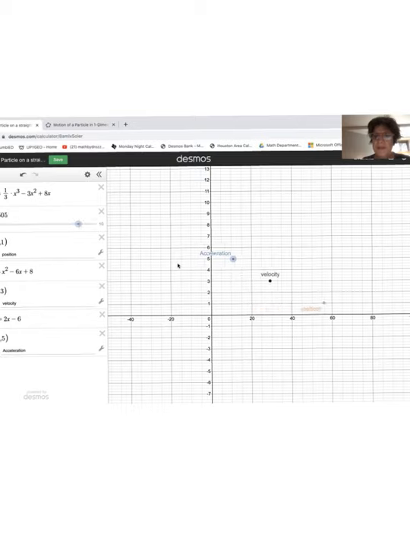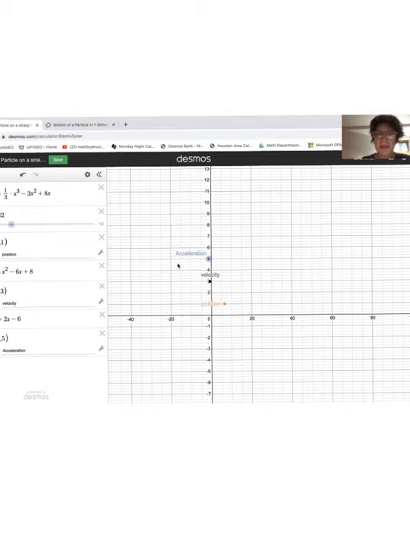We see that it picks up speed because they're both going toward the right. Now, when the particle comes back, notice that the velocity and acceleration are both negative, and the particle is picking up speed. So that's one animation that we have already discussed.